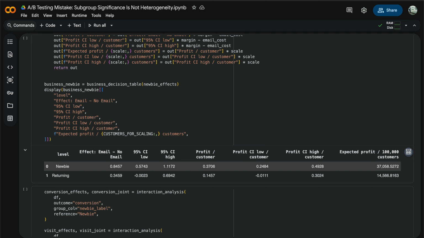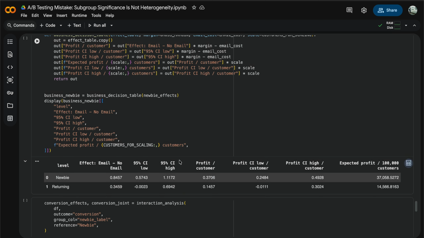If we only send to newbies, we may give up some positive lift from the returning customers as well. That's why we also need to consider email capacity, frequency caps, and customer attention, which may be constrained.